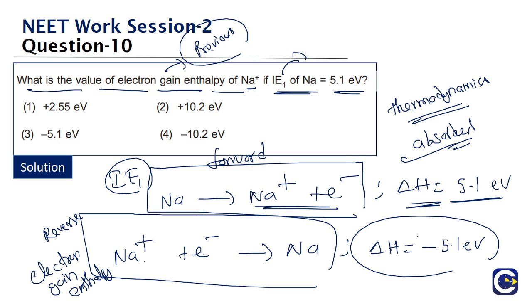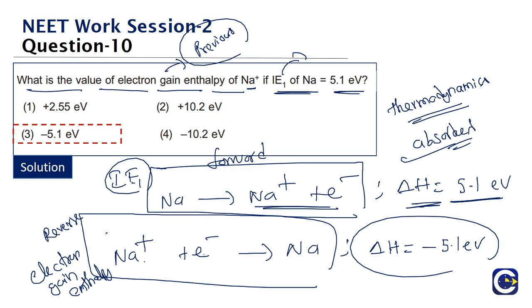Okay, so the value of electron gain enthalpy for Na plus will be equal to minus 5.1 electron volt. The first ionization energy of sodium is 5.1 electron volt, meaning to remove one electron from sodium and form Na plus, the energy exchange involved is 5.1. The electron gain enthalpy of Na plus means we are adding an electron to Na plus, so it is the reverse of the previous process.